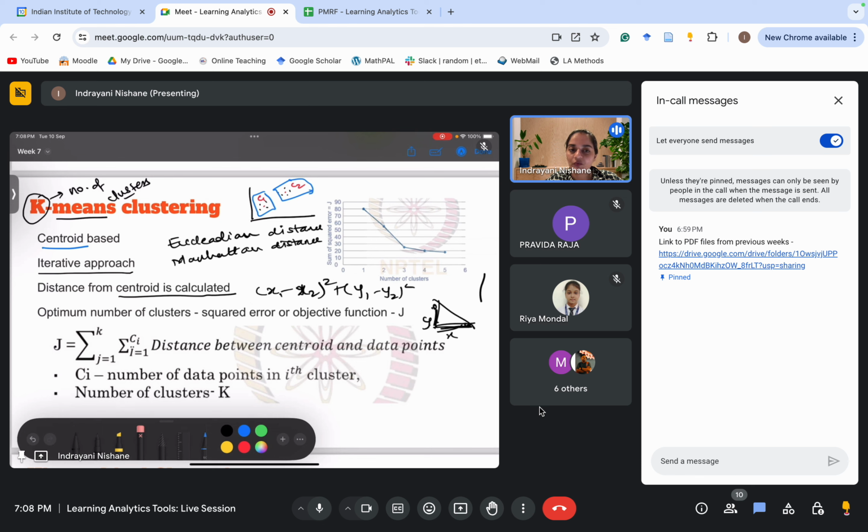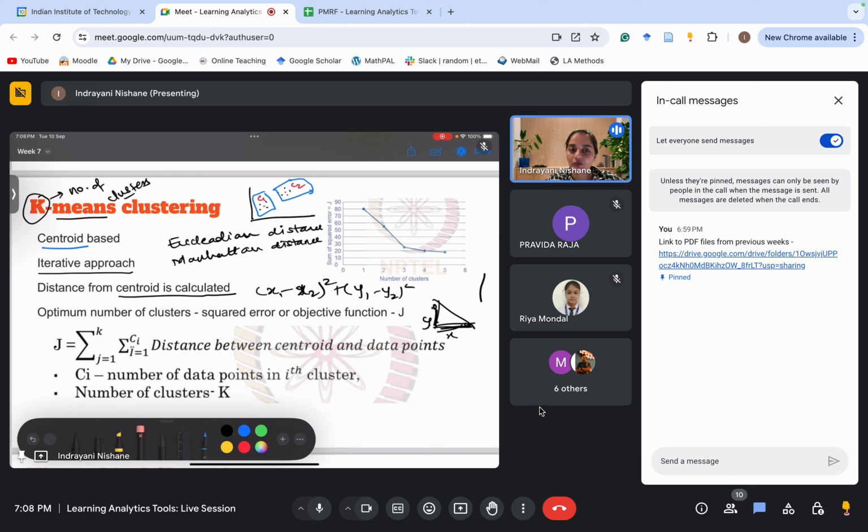And we increase the number of centroids and we compute j for every number of centroids, like 2 centroids, 3 centroids, 4 centroids, 5 centroids, and so on. Now you will notice that after the number of clusters is equal to 3, the difference in the value of j is not much. But here the value differs very significantly up to 3, right?